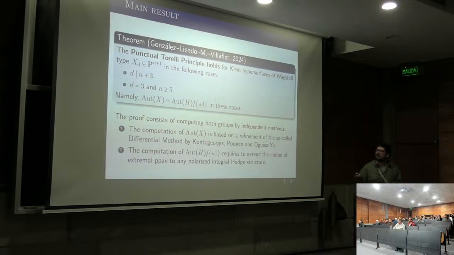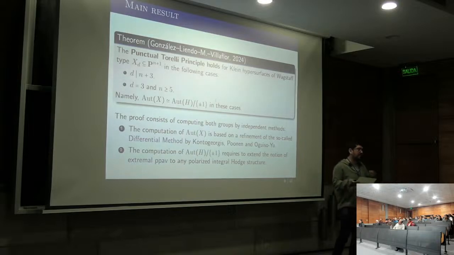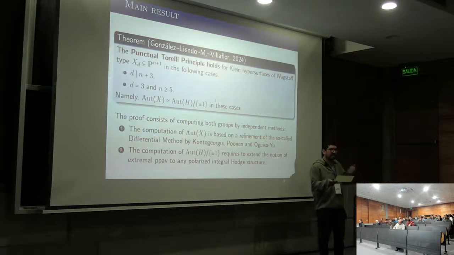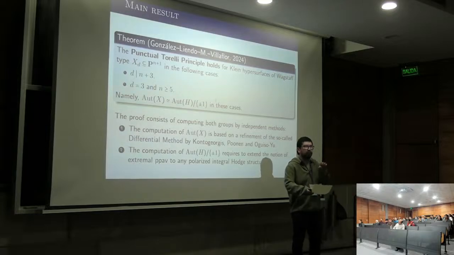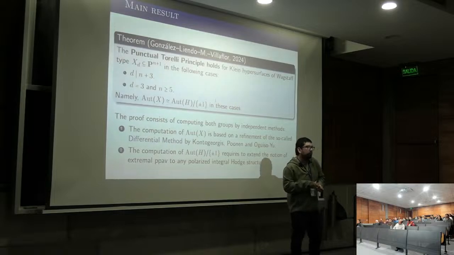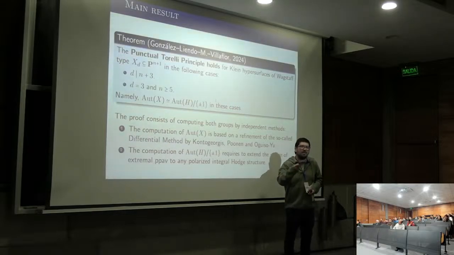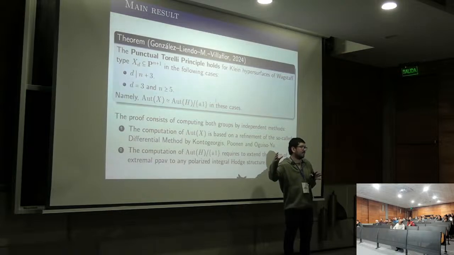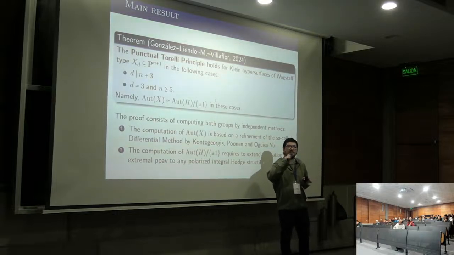It's based on a method introduced by Kontogeorgis, Poonen and Ogiso, which is called the differential method. Let me not enter into the details, but essentially you pick your equation, and if there are few monomials, you can manage to prove that every automorphism, which is linear by the way, coming from the projective space, is given by matrices which are like permutation matrices, with ones and zeros, but instead of ones you have roots of unity.